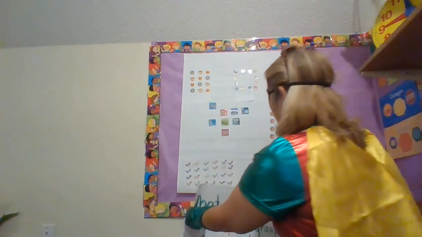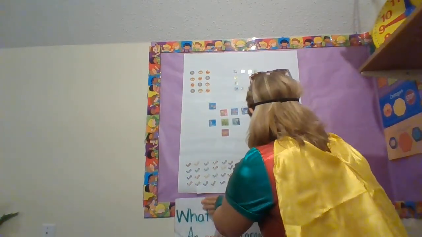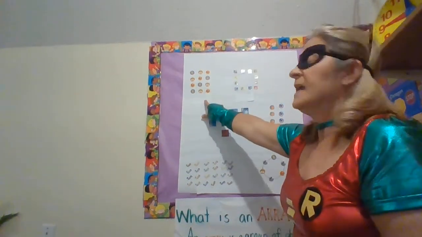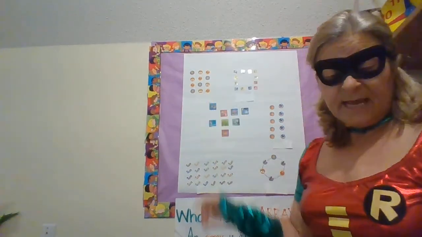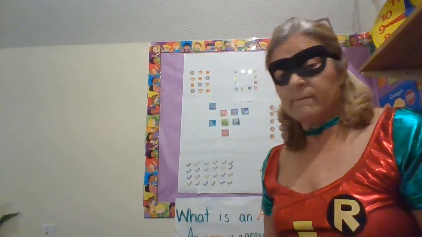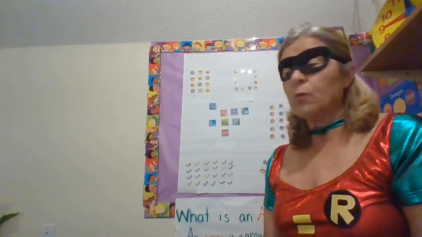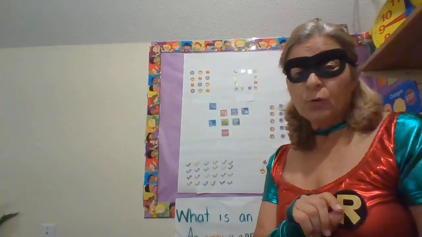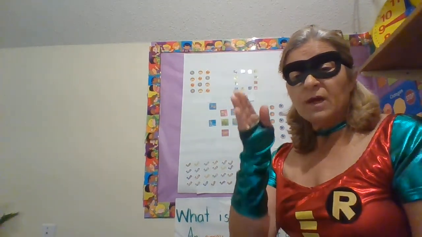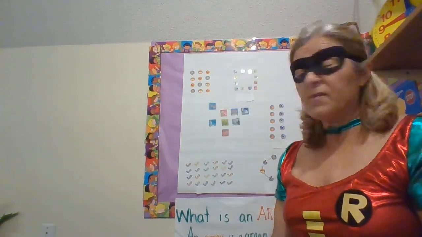Let's look at the first one. When we looked at the first one, we decided that yes, this is a rectangular array. To be a rectangular array, it means the number of objects in each column and the number of objects in each row are the same.